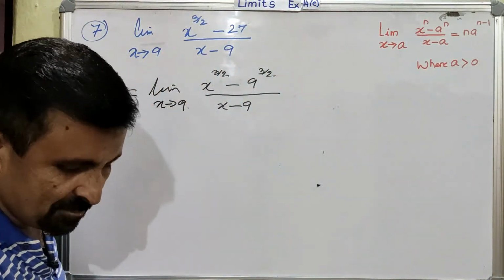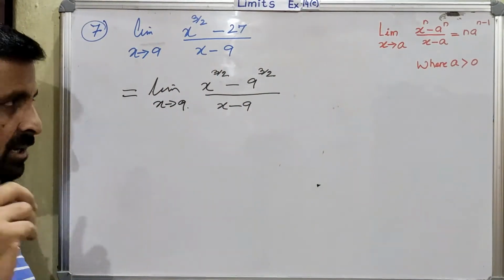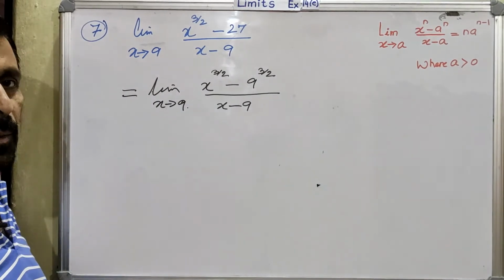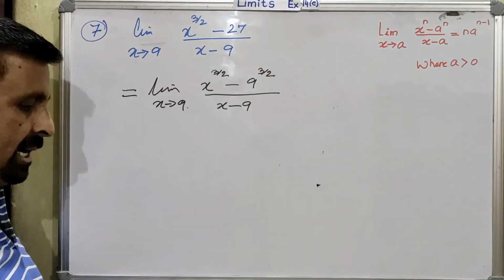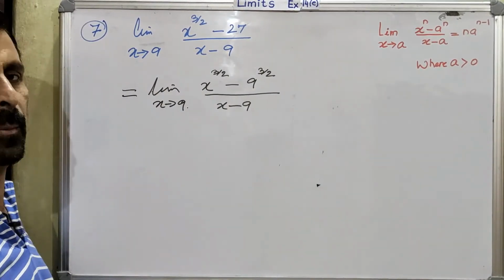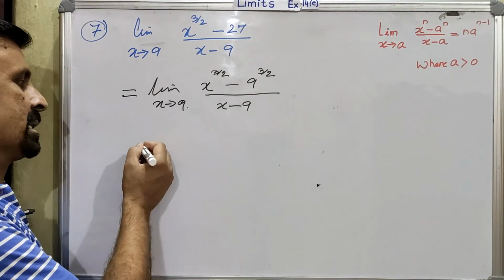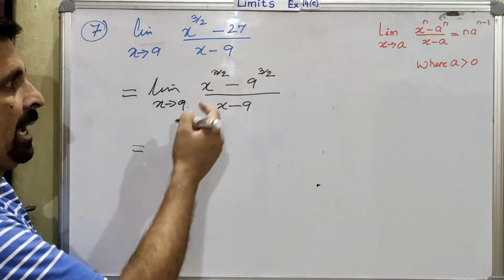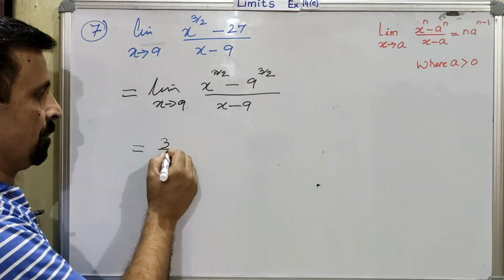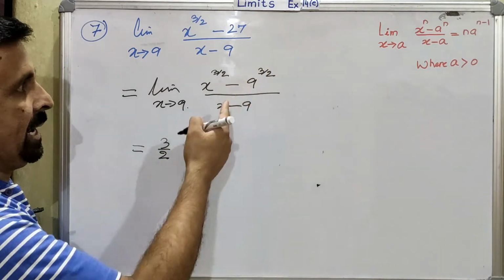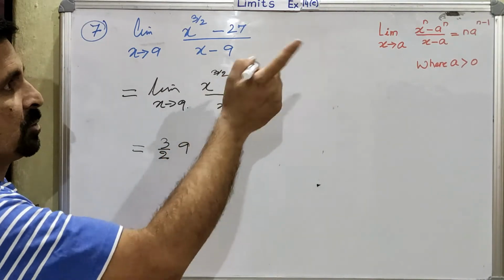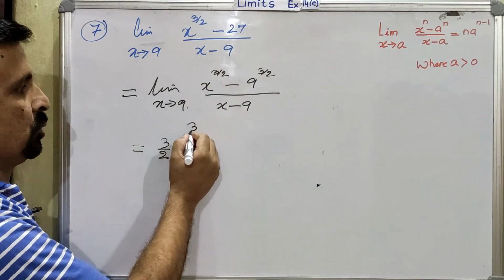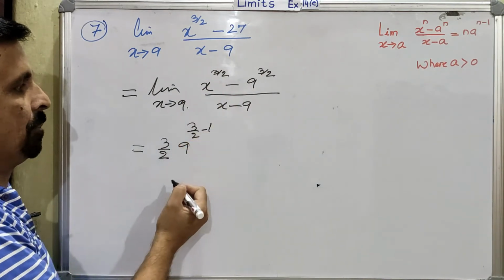Just by playing a trick, I wrote the question into the proper format, and now I'm going to just write the answer. Once the question comes into the proper format, we only have to write the answer. n is 3 over 2, and a is 9, so the answer is n times a to the power n minus 1.